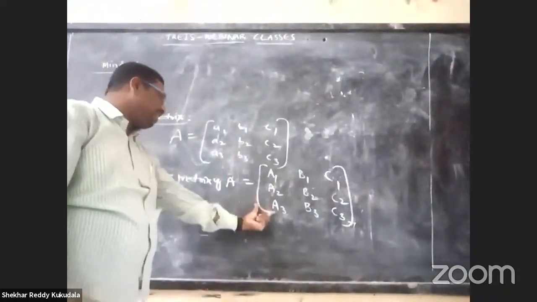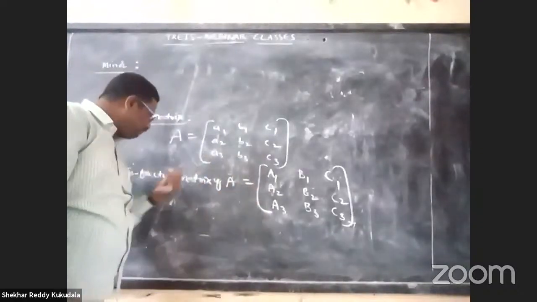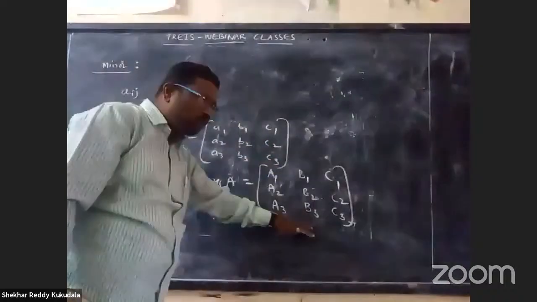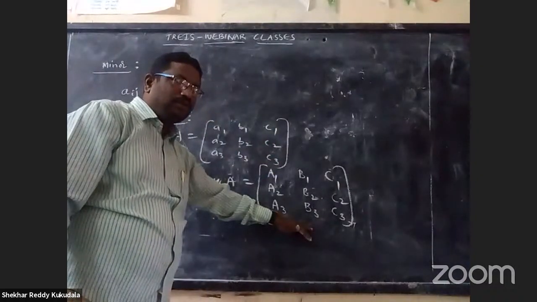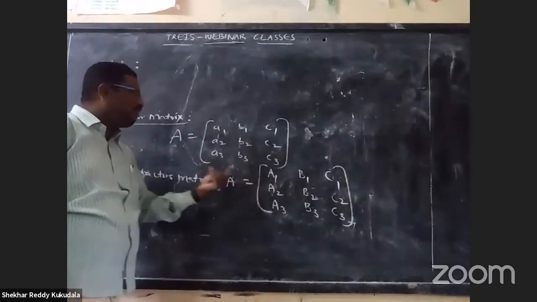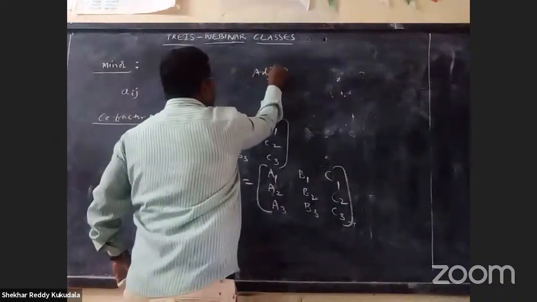Such a matrix is a cofactor matrix. For your information, the transpose of this cofactor matrix is called the adjoint matrix.